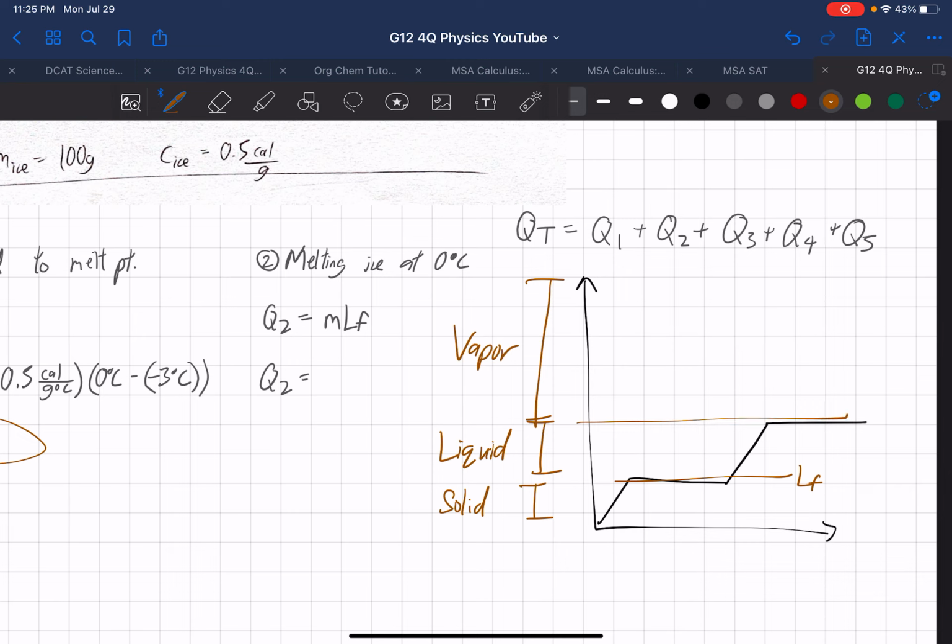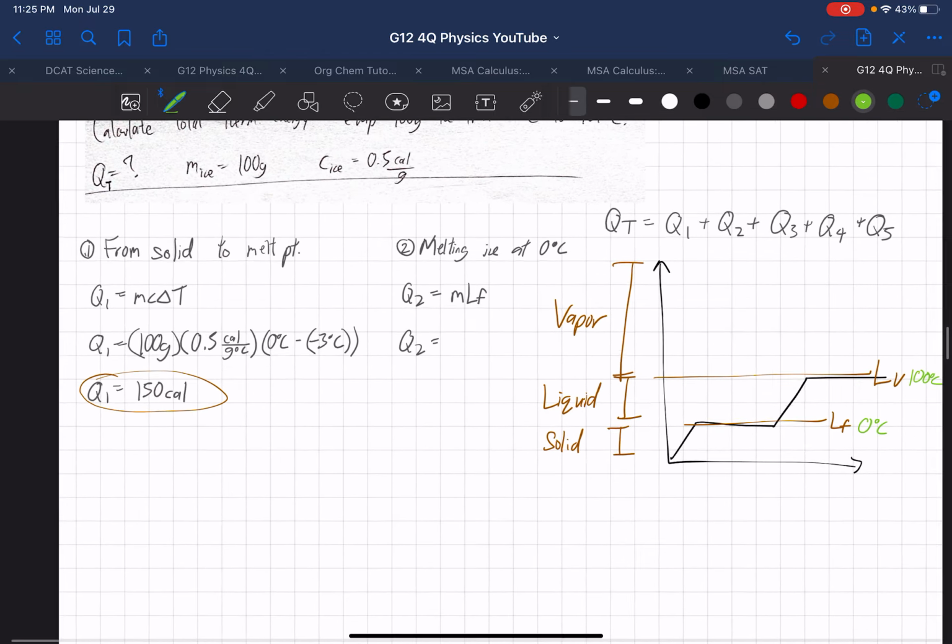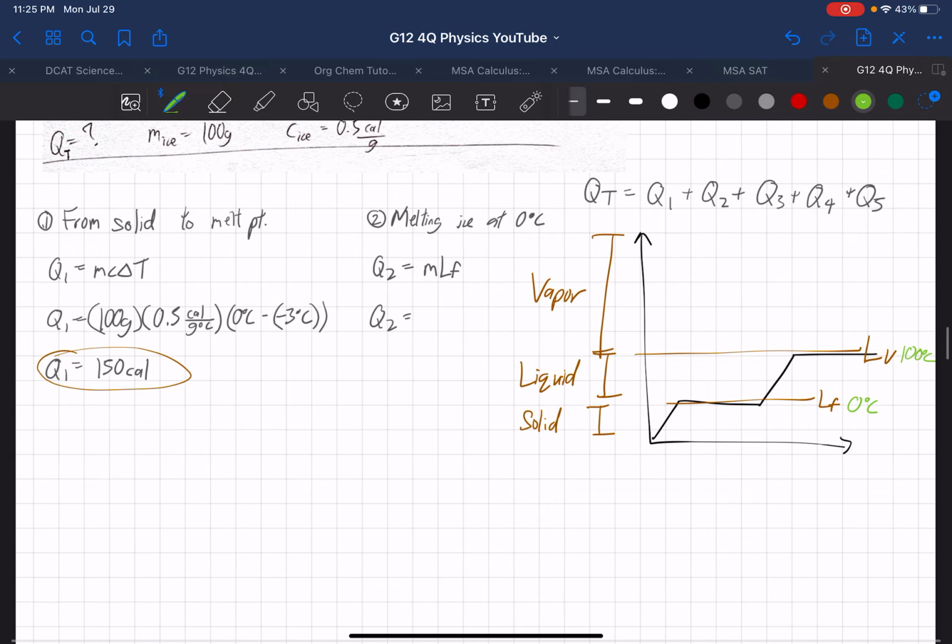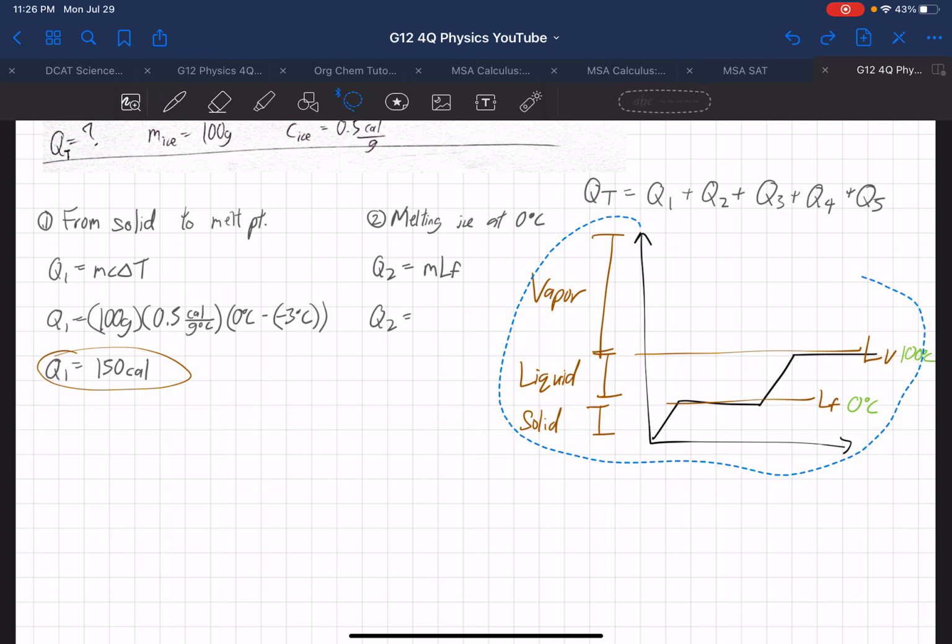Between liquid and vapor, we have the latent heat of vaporization. As for water, like what I said earlier, the melting point is 0 degrees Celsius. The boiling point is 100 degrees Celsius. So where are we right now? In number 1, looking for Q1, we were here. For Q2, we are here at the LF level. I hope that's clear.